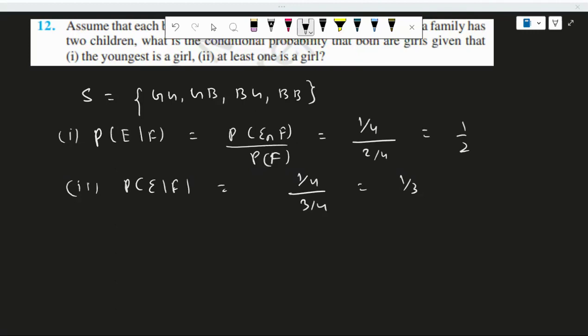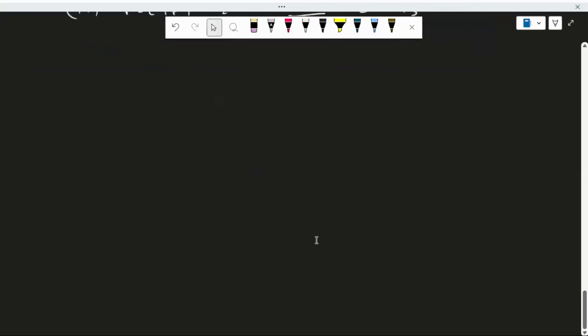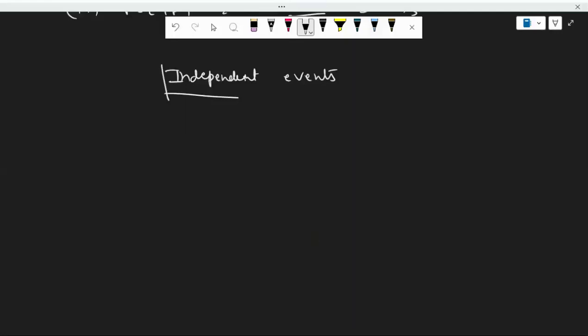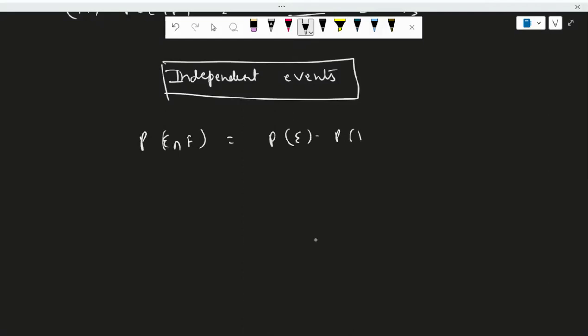Now coming to independent events. Next exercise. Independent events are those events in which P(E intersection F) is P(E) into P(F).